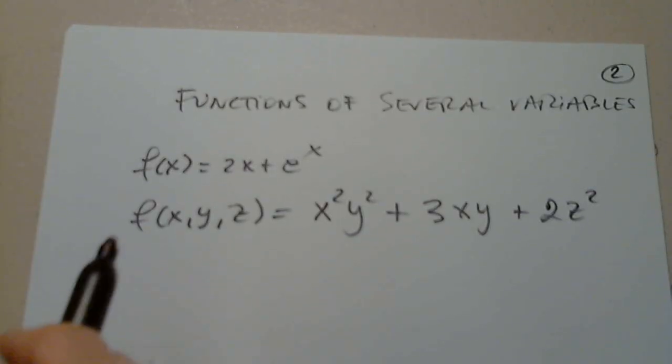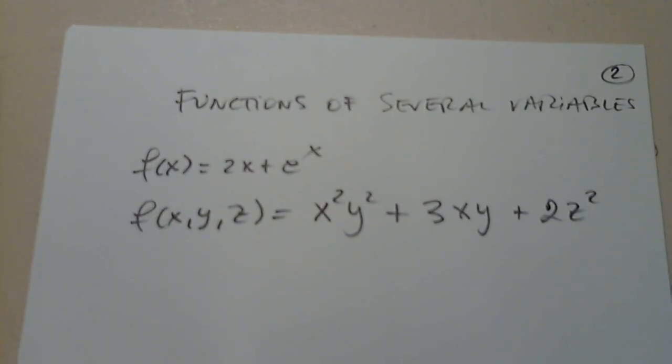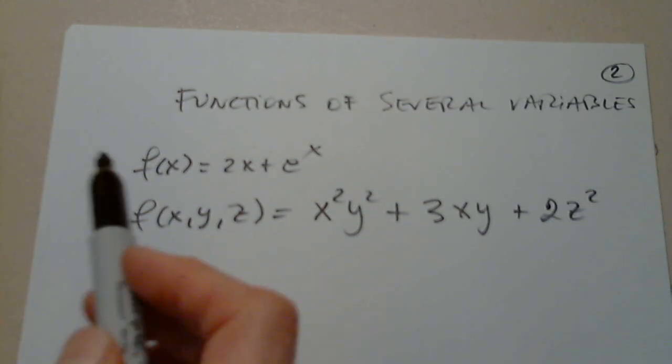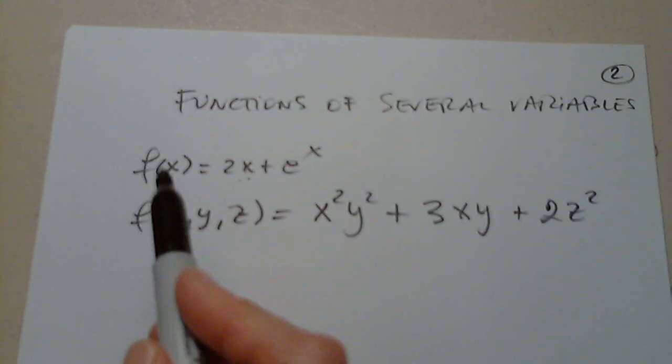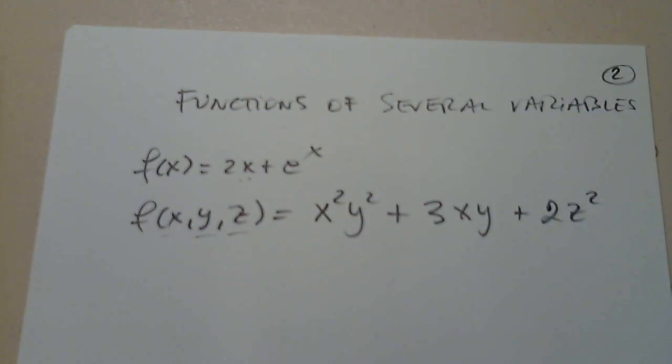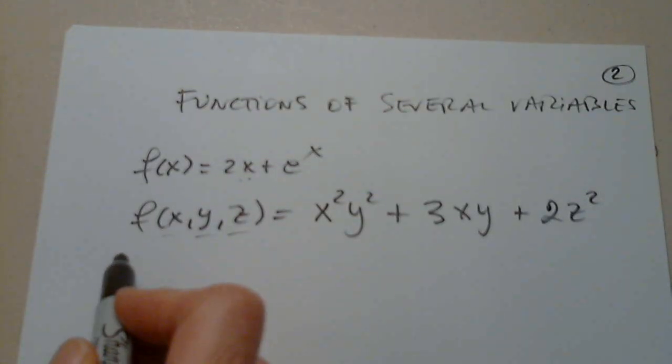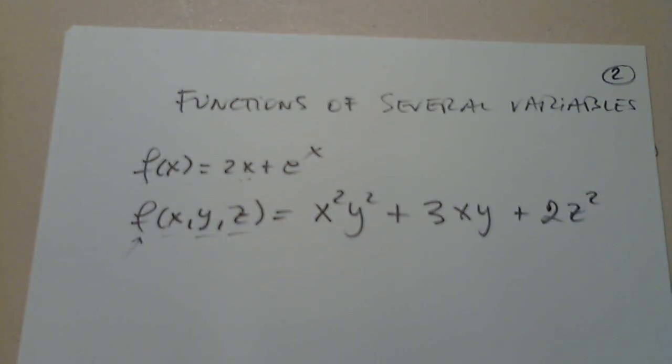So far we've been dealing with functions that have only one variable. This is one variable, this is another. The independent and the dependent. But now we have, for example, 3 independent variables and 1 dependent variable. So x, y, and z are all independent, and f is the dependent variable.